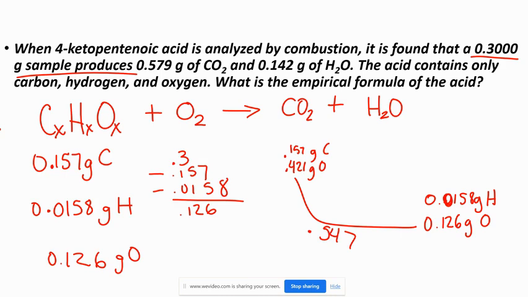Okay. So I know that my sample of this hydrocarbon, this whole thing here, is 0.3 grams. I know that this much is carbon and this much is hydrogen. So if I take these two amounts and subtract from 0.3, that's going to give me my grams of oxygen.